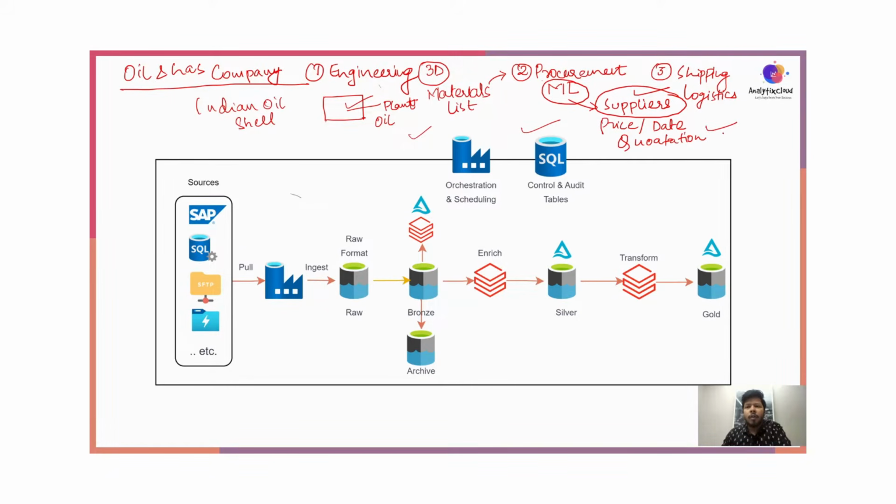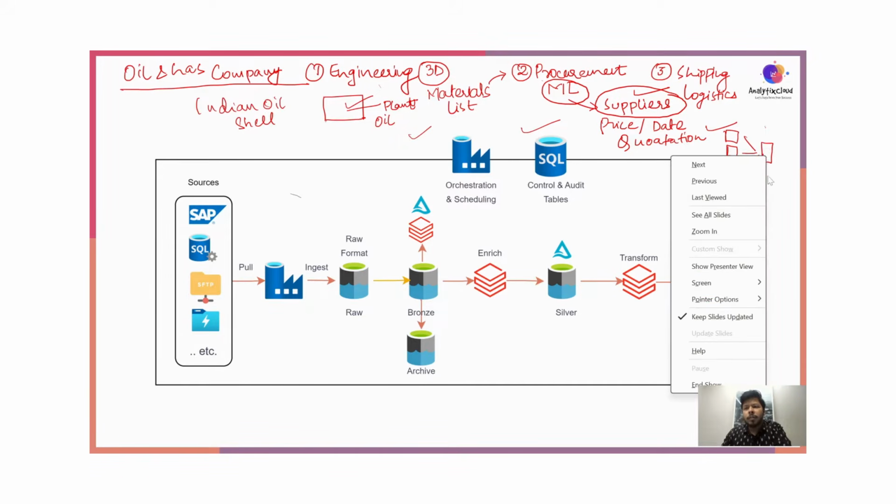So once we have all of this data from the different teams in one single place, if we combine all these three data, we have this single source of truth.